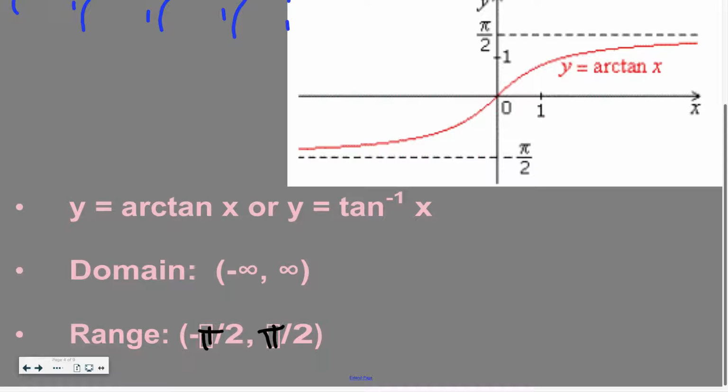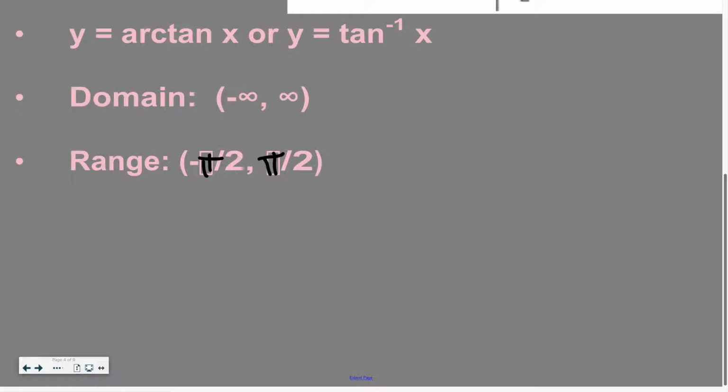We still have negative pi over 2 to pi over 2, but we can't include those endpoints because tangent's undefined there. So brackets for inverse sine, parentheses for inverse tangent, but we still have the same quadrants.